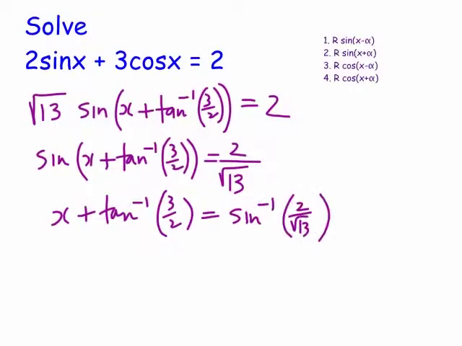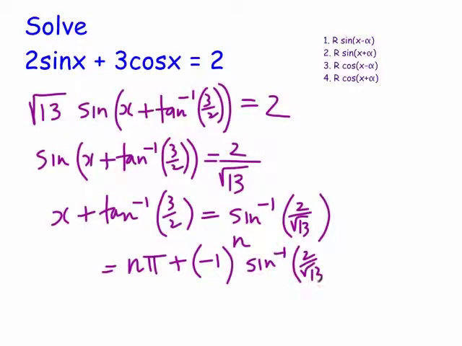Now, I'm going to write the general solution. So that is some angle, inverse sine 2 on root 13. Let's write down what that would equal. Remember, we had an n pi, then a plus minus 1 to the n, and then this angle, which in this case is inverse sine of 2 on root 13.